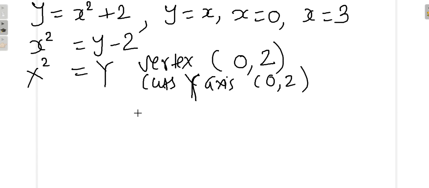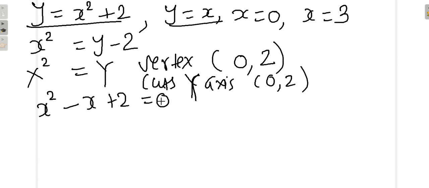Okay. Let us try to find the point of intersection of this and this. Let us put y equal to x. You get x square minus x plus 2 equal to 0, and you can see that this has no solution.